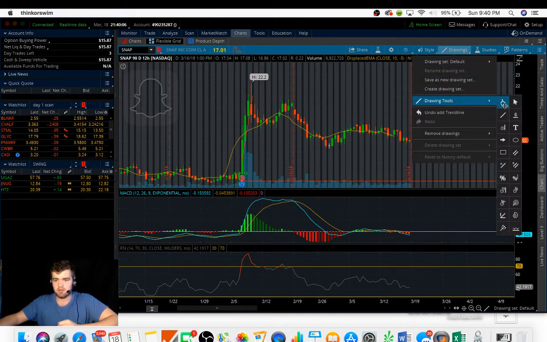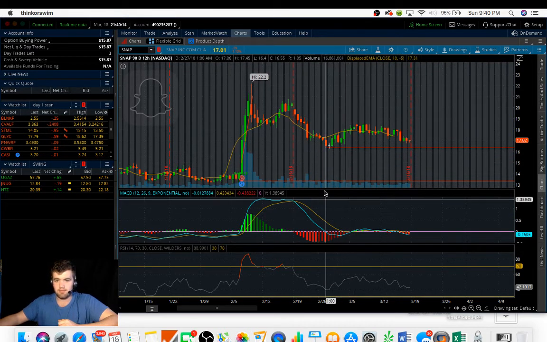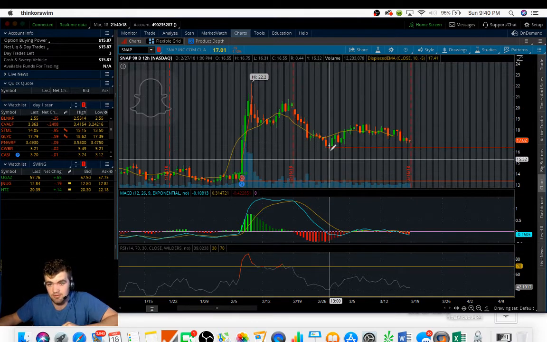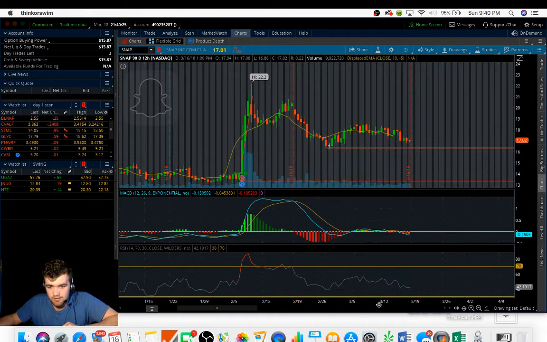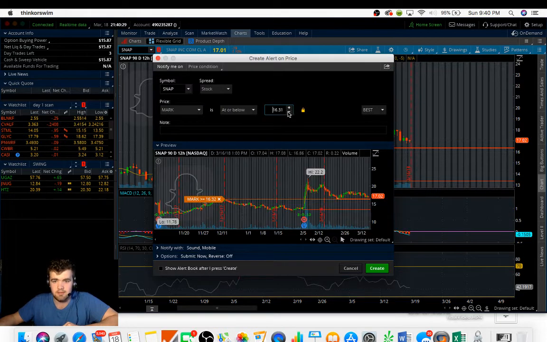So we're going to go to this horizontal line, and bam. So now we see that it has some resistance around 16.28. We're going to go to add an alert, create alert. All right, 16, we said 28, so let's go to 28.